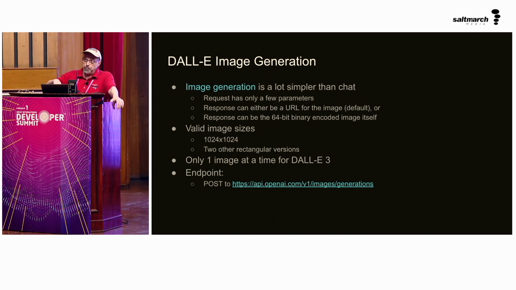And the output can either be a JSON block that has a URL in it, but then you'd have to go and download the URL. Instead, I set the response format to B64_JSON, the base 64 encoded JSON string. And then I get the string back and I just decode it and get to take a look at it.